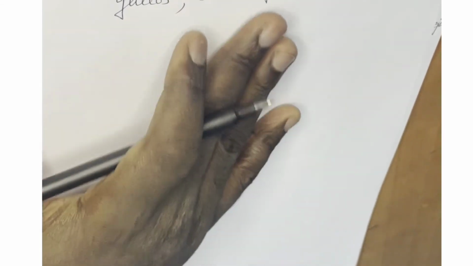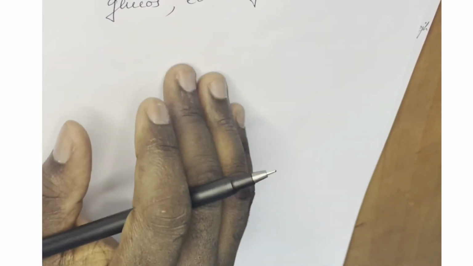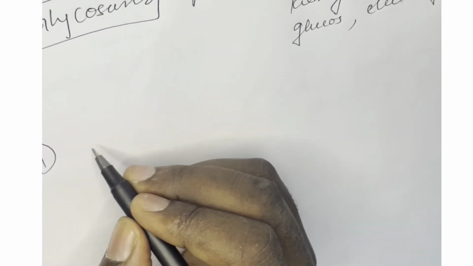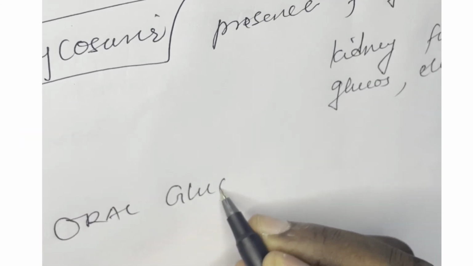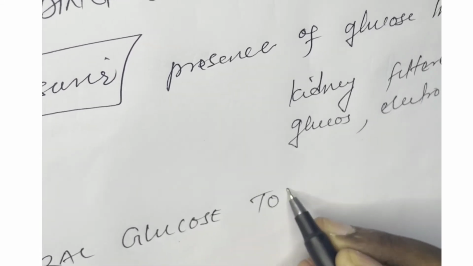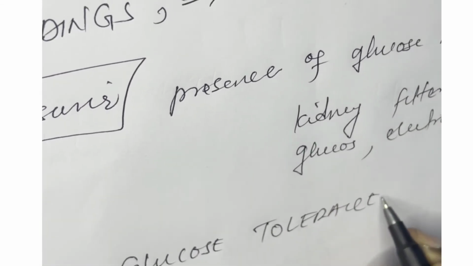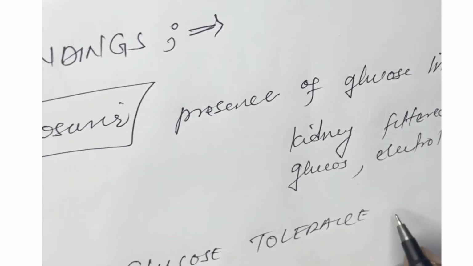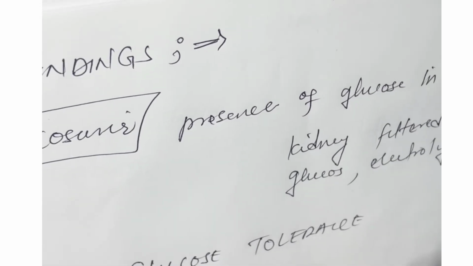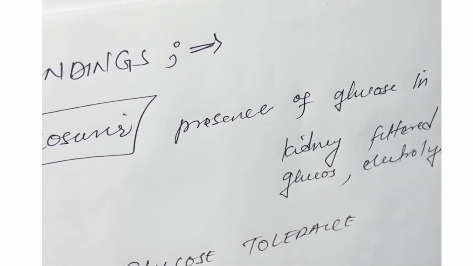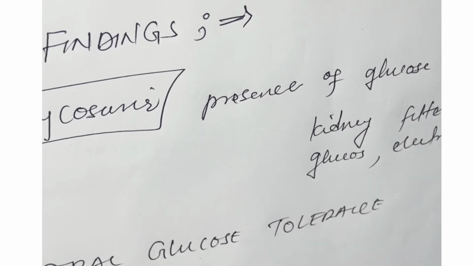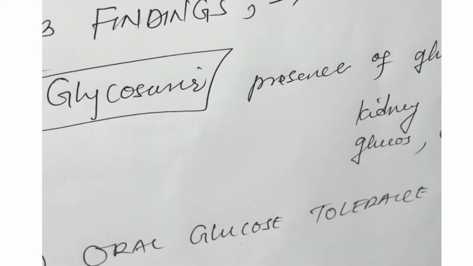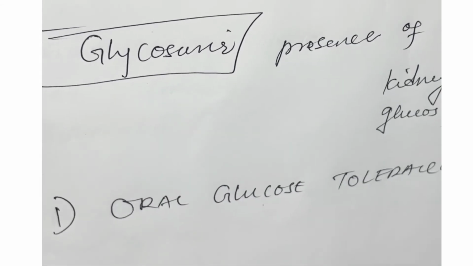But there are major laboratory findings that we do in diabetes mellitus. First of all, we have the oral glucose tolerance test. In this test, we give some amount of glucose to the patient to take, and we see how his body tolerates the glucose, which helps indicate whether he is diabetic, pre-diabetic, or non-diabetic.